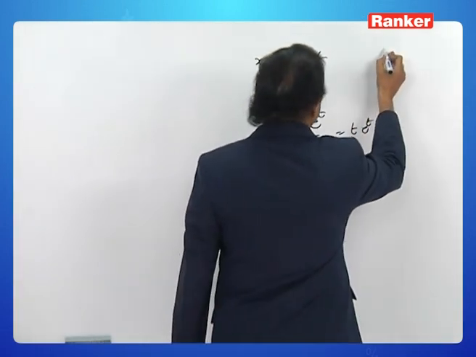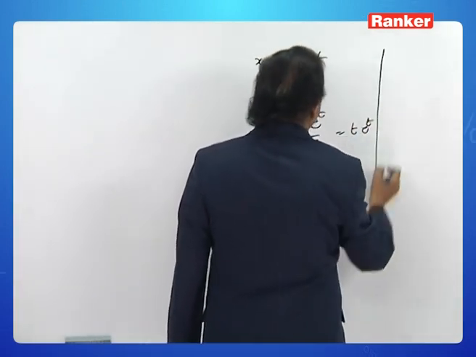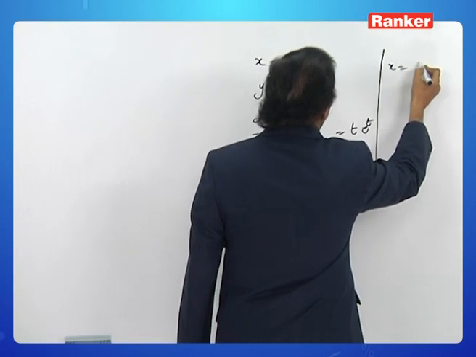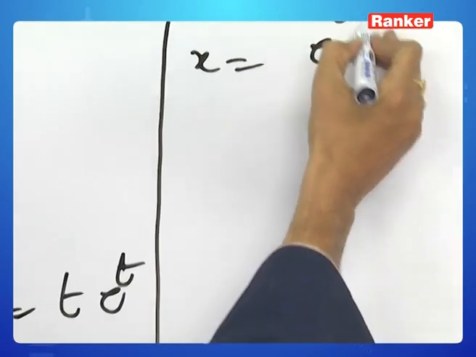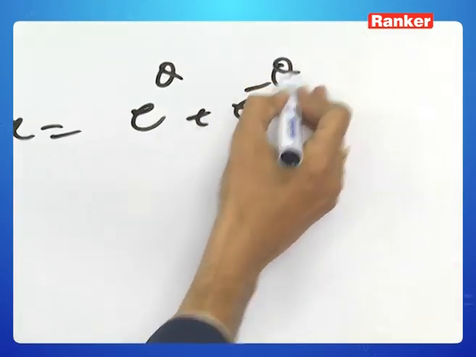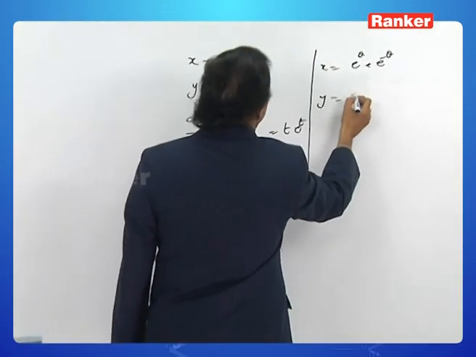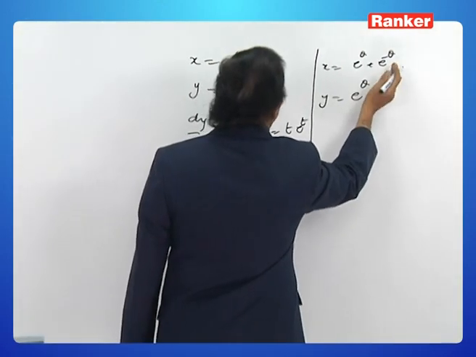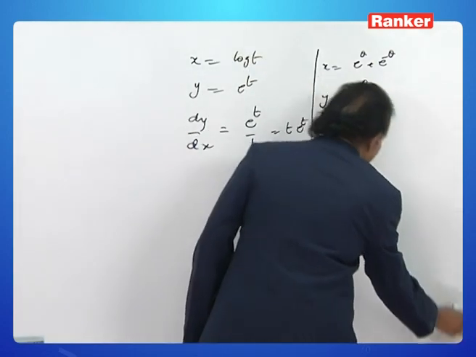Okay, just like that. Let me give you one more such problem. x is equal to e power theta plus e power minus theta. y is equal to e power theta minus e power minus theta.